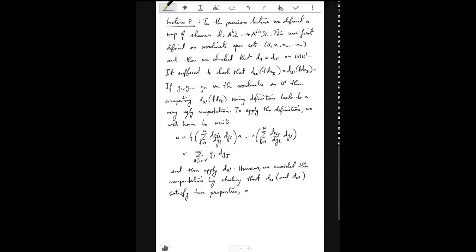And then we use those properties. So this is one remark which I wanted to make.